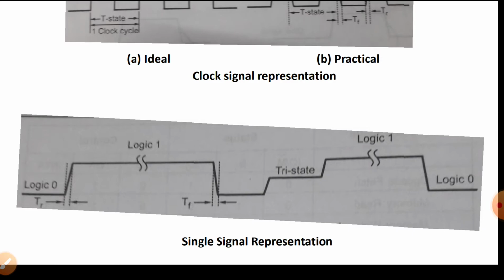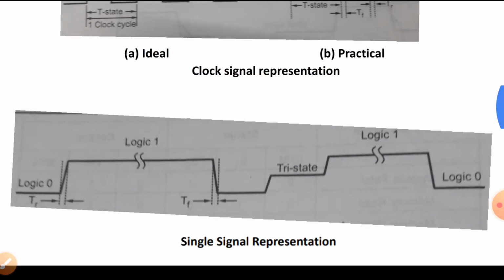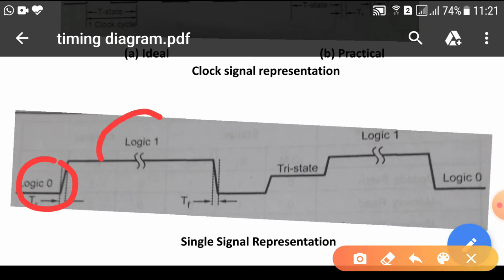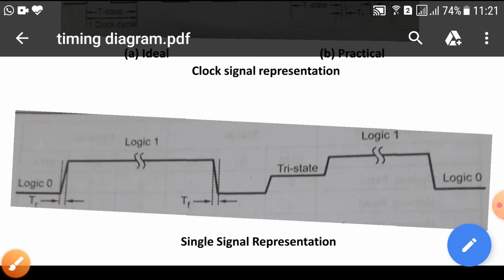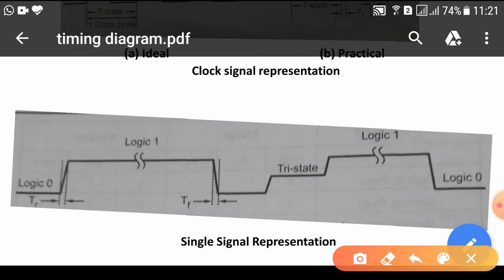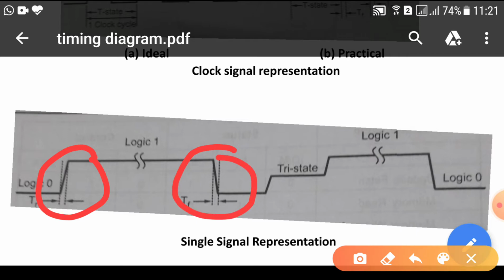Now the single signal representation is done with the help of this diagram. It can be very easily understood. A single signal is represented by a single line, and it may have the status logic 0, or logic 1, or it is tri-state. A change in the state of the signal takes a finite time, and hence the state change is represented with a finite rise time as well as a finite fall time.